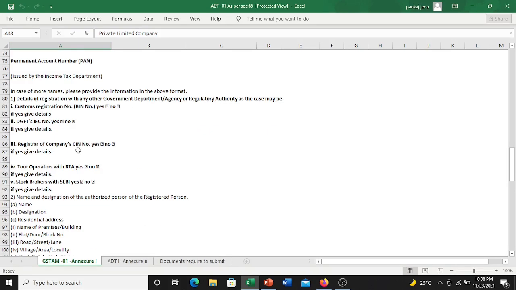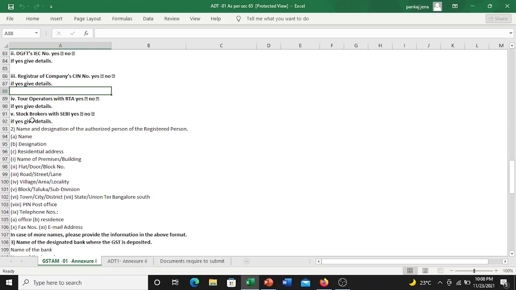Then these details will be required, as it is a necessary DGFT form: IEC, that means your import export certificate number. This you have to fill in. Second, your CIN number, which is also the corporate identification number, that you have to fill in here.